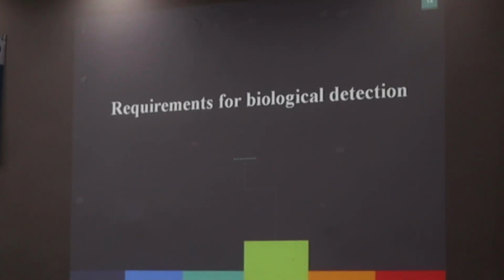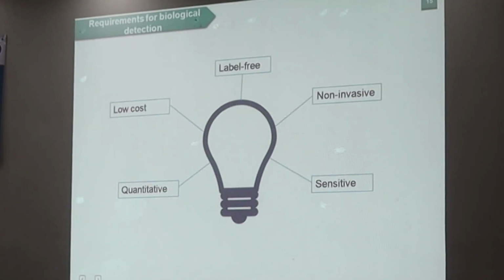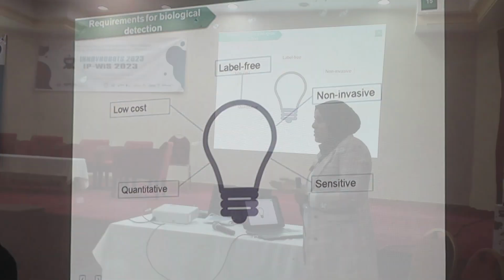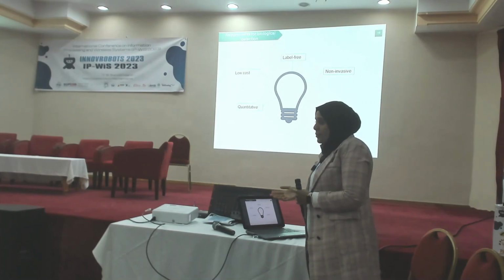The requirements for biological detection. For biological detection, we need a low-cost prototype, label-free, non-invasive, very sensitive, and quantitative, sensitive for low concentrations of cells, like 1 or 2 cells.